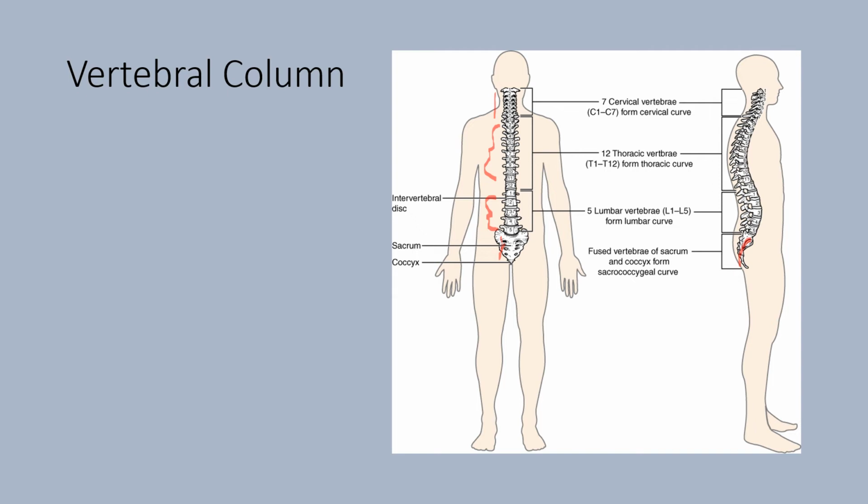The curvatures are helping to distribute the weight properly so that you can hold your head up, so you can support your body weight, stand up, walk around, etc. The secondary ones are formed early on, but they're going to continue, and usually by young adulthood they are completely formed.